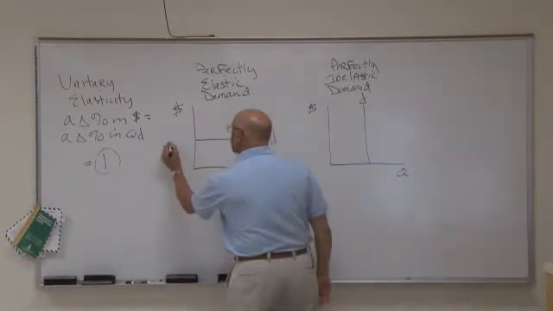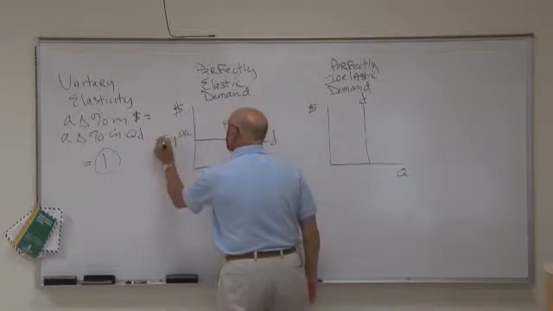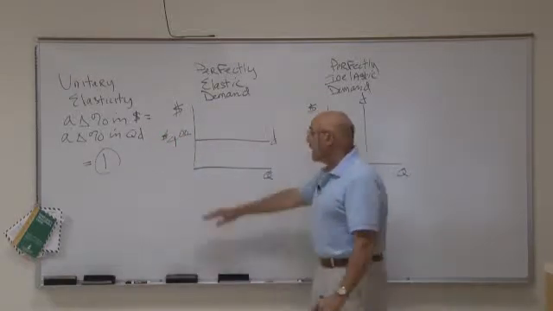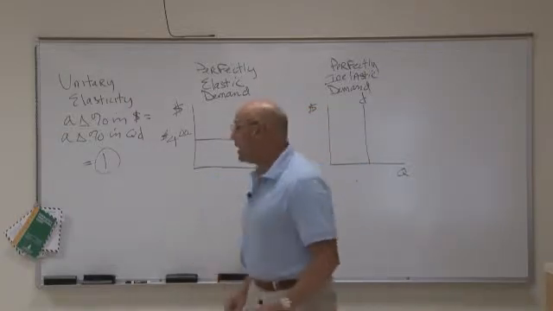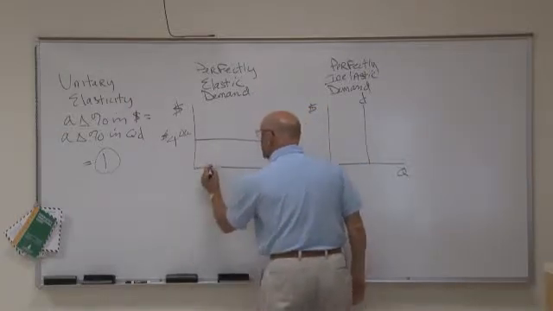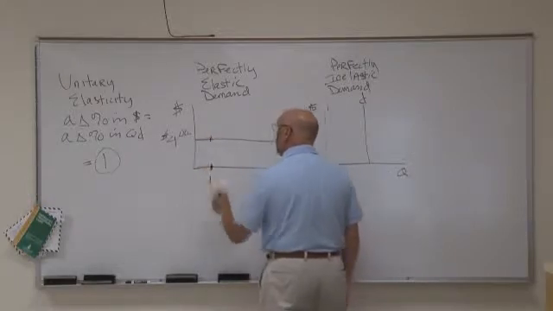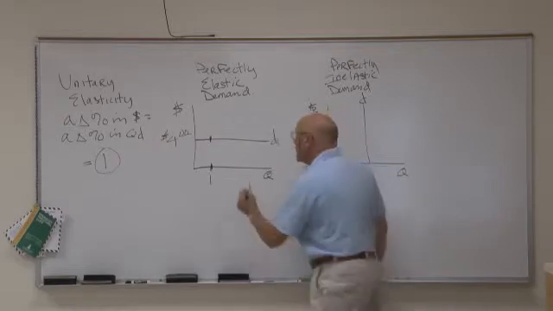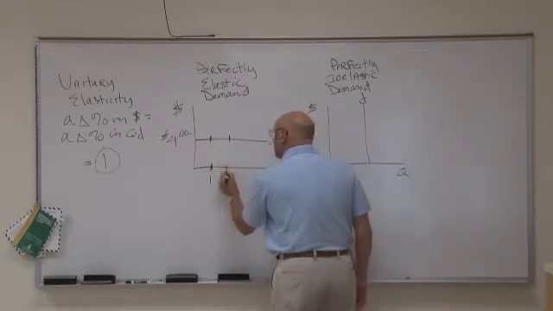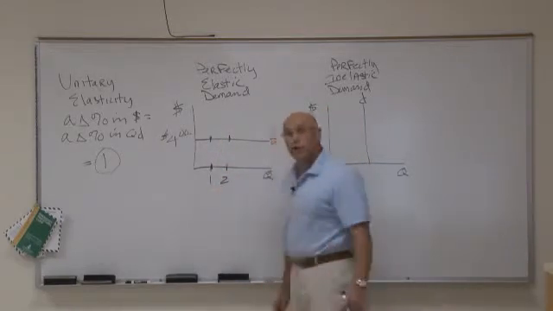Basically, what this says is this is the amount that I will pay for the good. I will pay $4 for each unit of good that I buy. If I buy 1 unit, I will spend $4. If I want to buy a second unit, I will spend exactly $4.